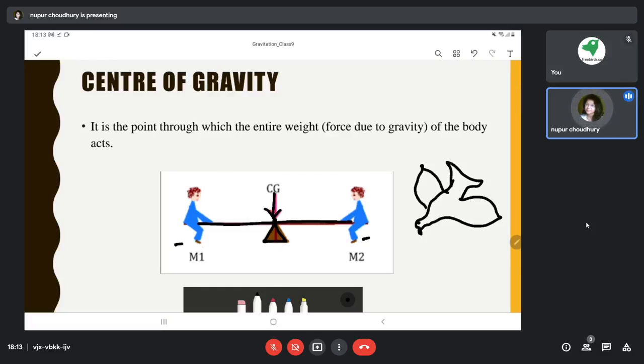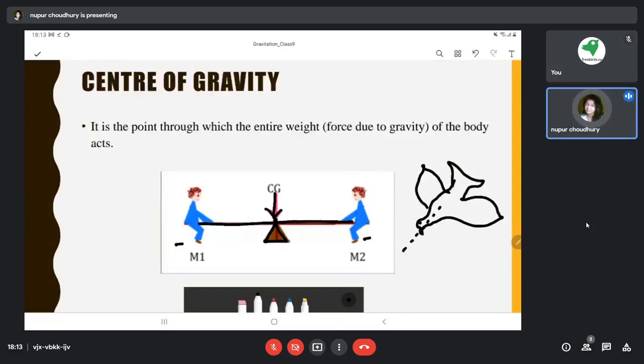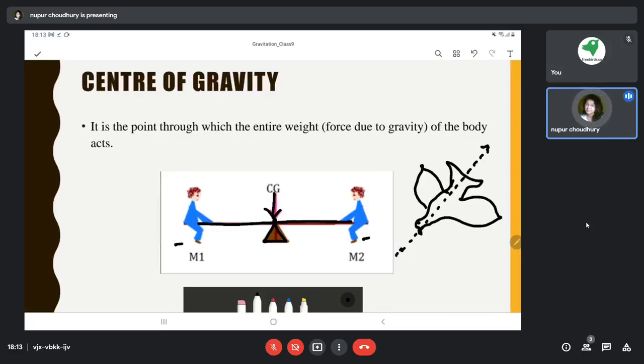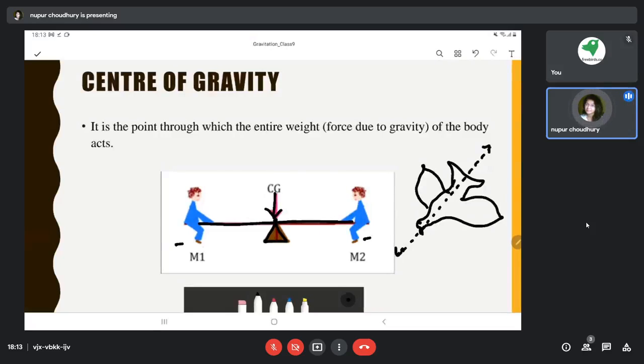This is how my bird looks. Now I'm trying to create a virtual plane, a line which separates these two. So this is the right side and this is the left side.